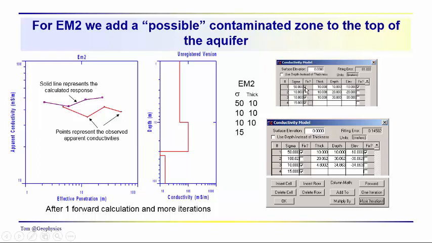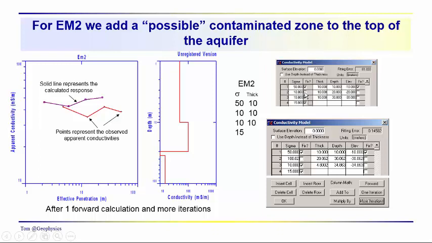So this is how it works in IX1D. We put in the conductivities. So we know what the conductivity is of the overlying clay, the freshwater aquifer, the uncontaminated aquifer, and the underlying silt. We go ahead and put in those values, but we divide the aquifer up into 2 intervals.